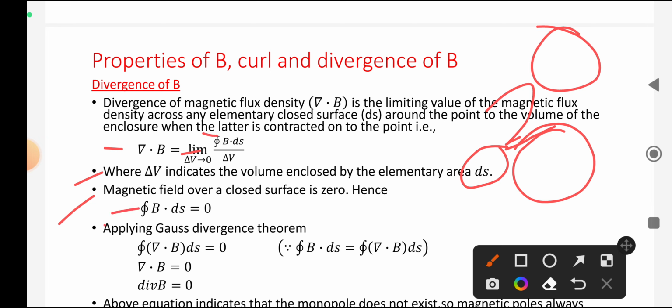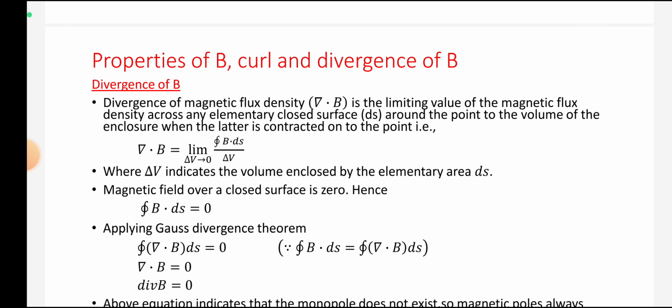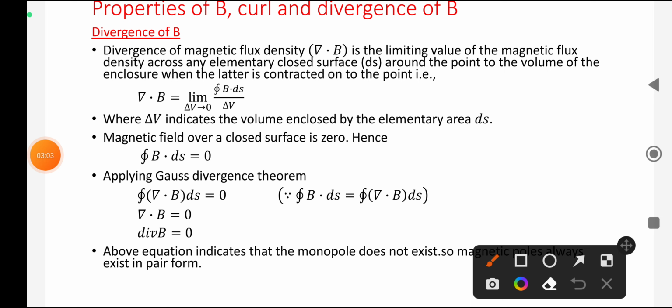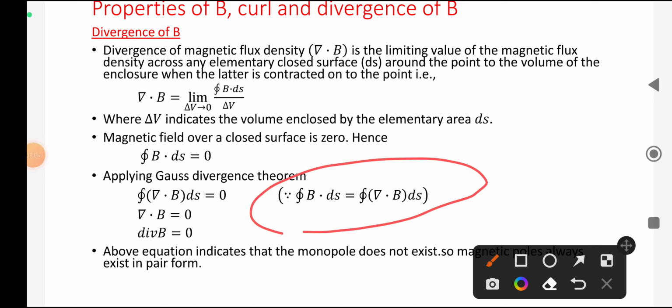Applying the Gauss divergence theorem, that is why it is the divergence of B. Integral B dot ds equals integral del dot B dv. It is dv, not ds, because the area is converted into volume.